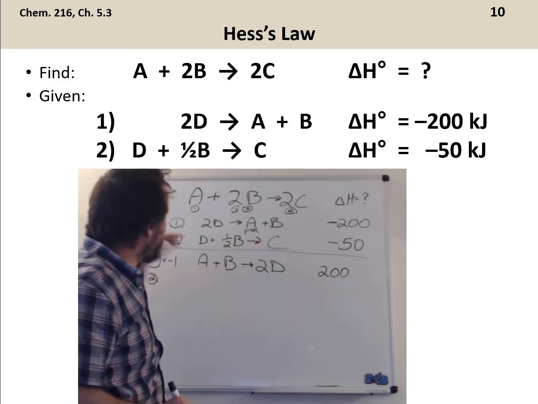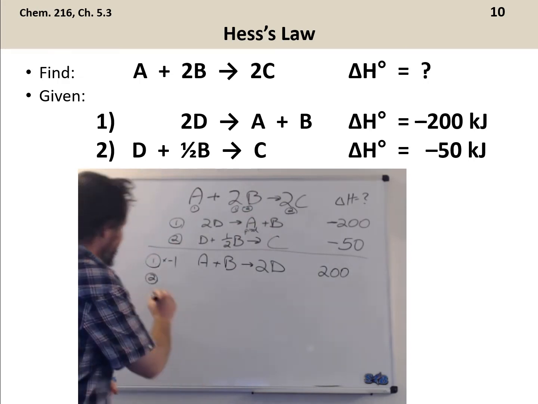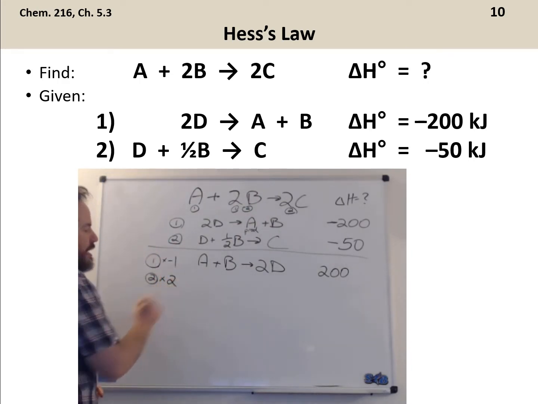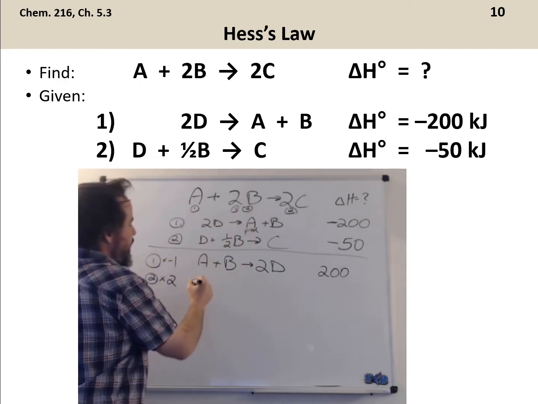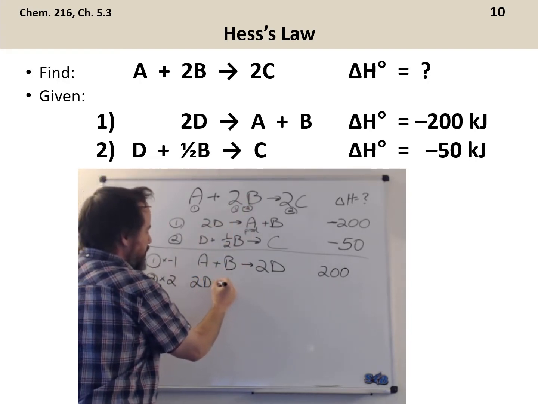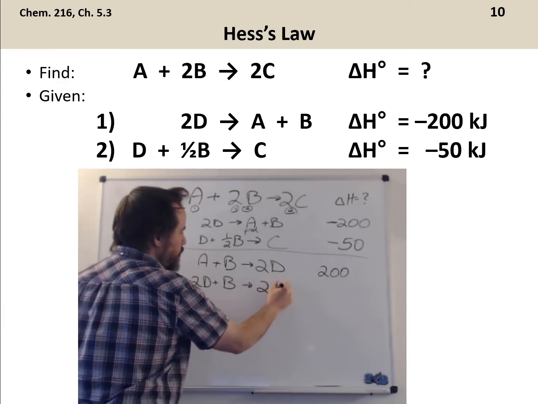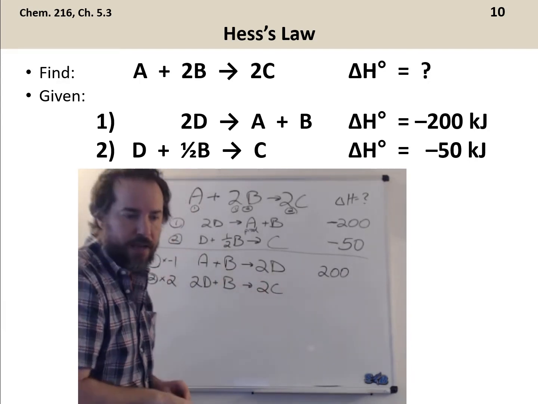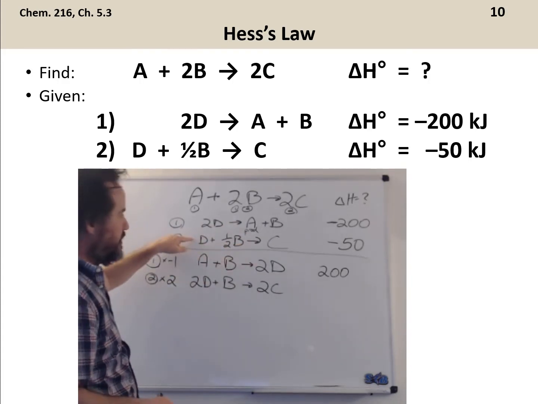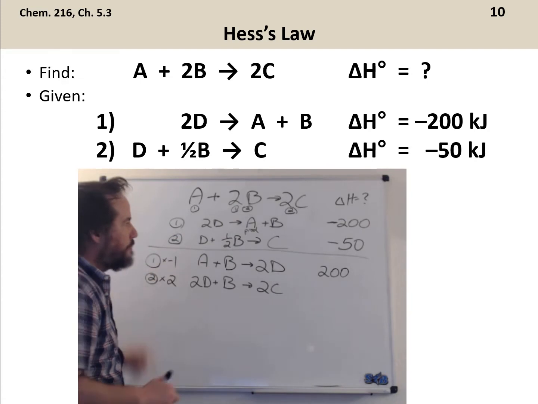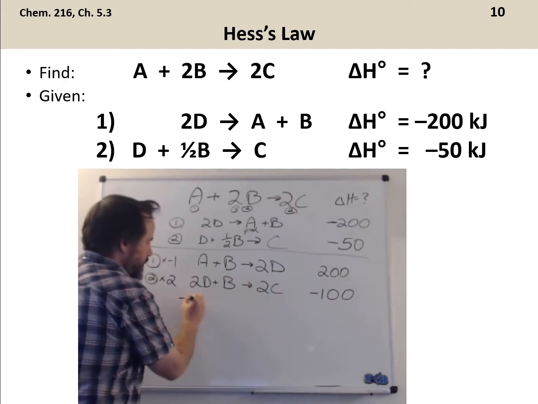So what do I have to do to number 2 to get 2C? I need to multiply it by 2. I'll get 2D plus B going to 2C. And now, if this was -50, I'm going to get -100 kilojoules for that.